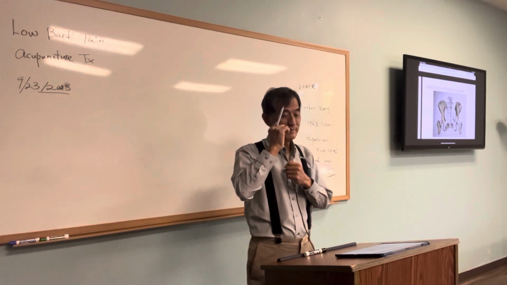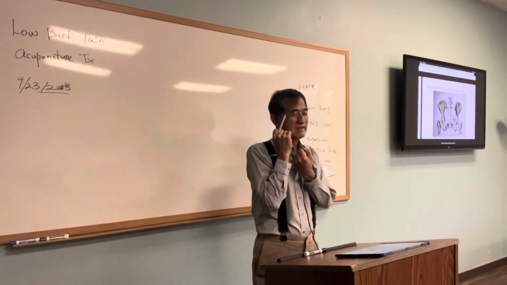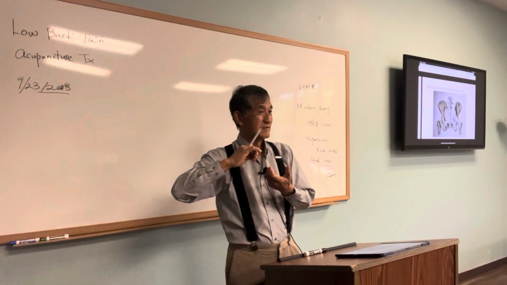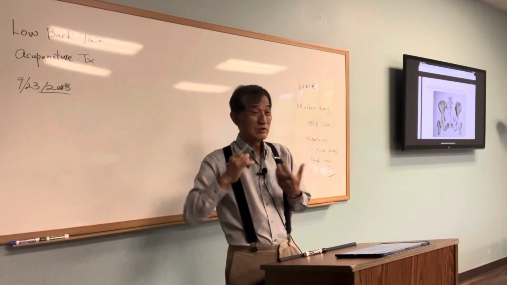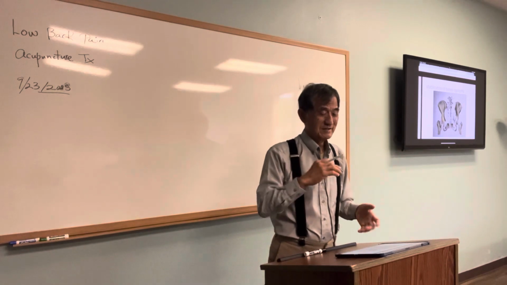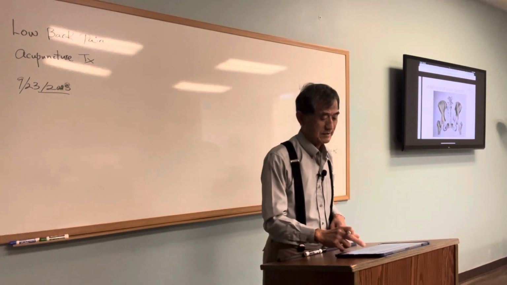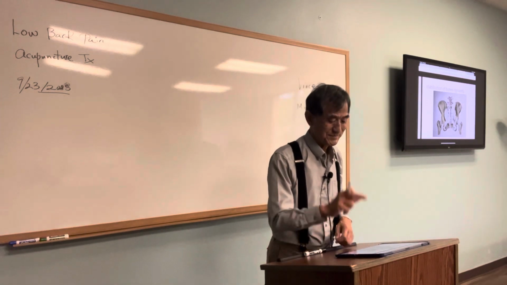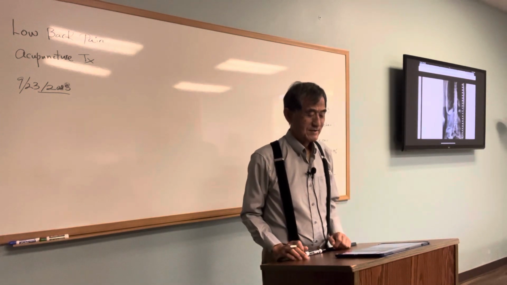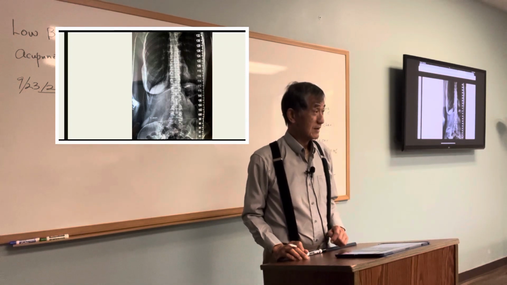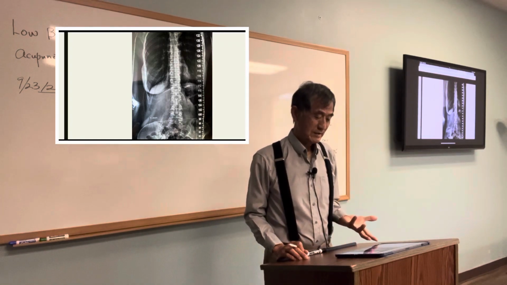What's the problem? That means that it doesn't really cause much problem, except it may be in the wrong place. All right? So we don't treat the ligament or the tendon. We treat the muscle. Okay? So how do you know there's some problem? How do you know this one has a problem?